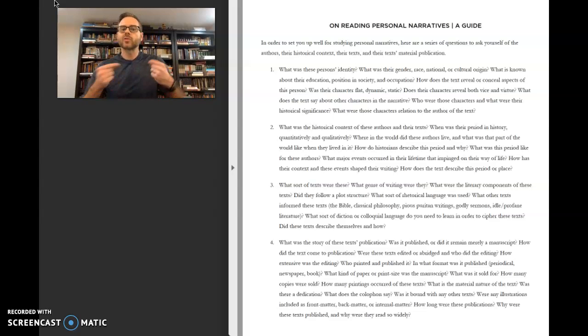So knowing the historical context, not just knowing the quantitative 1600s, 1700s, but the qualitative way in which we talk about that period. It's an Enlightenment period. It's an evangelical period. There is an awakening that takes place. There is a revolution that takes place. There is a Seven Years' War, or what we call the French and Indian War in America. King Philip's War for the captivity of Mary Rowlandson.